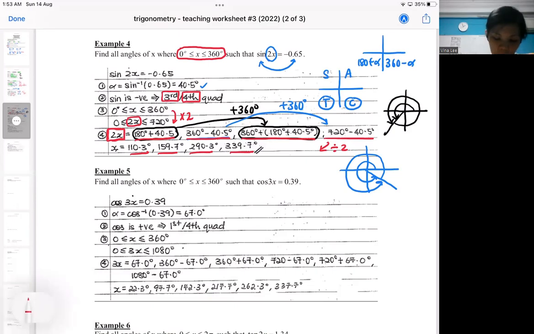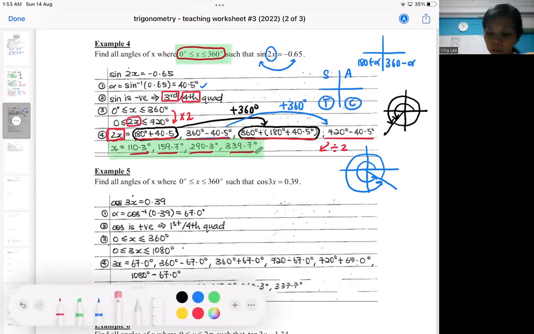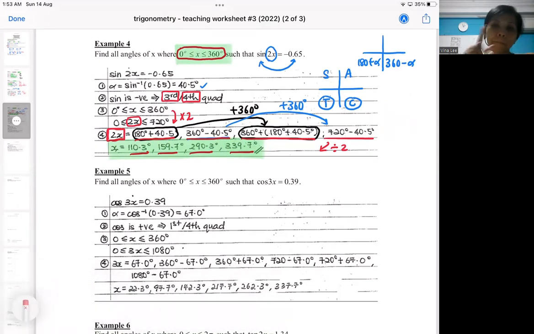And if you look carefully at the 4 answers, they are within 0 to 360. So the 4 answers for x will still fulfill the original angle requirement. That is the idea where you are allowed to go more cycles.